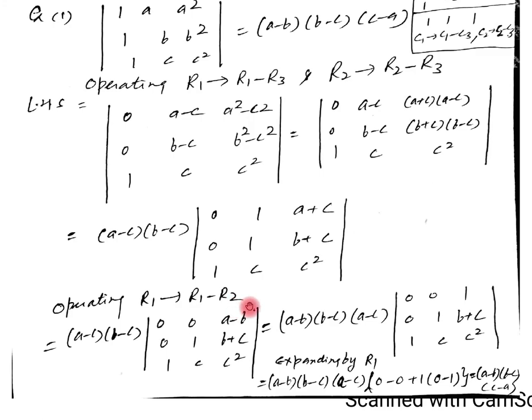Then it becomes 0, 1 minus 1, 0, a plus c minus b minus c, again a minus b. Second row, third row will remain the same. Then we can take a minus b common from the first row. We'll write like this. Now this determinant has been simplified maximum. Further we cannot simplify it, so we expand by R1 and get our right hand side. This is all about today's question.